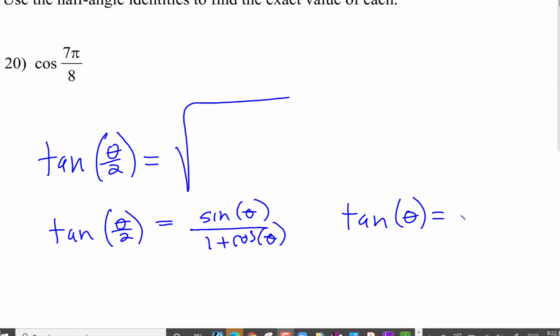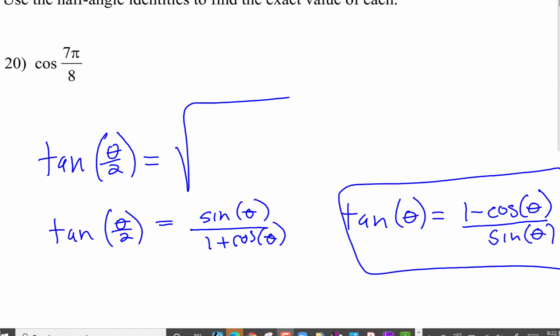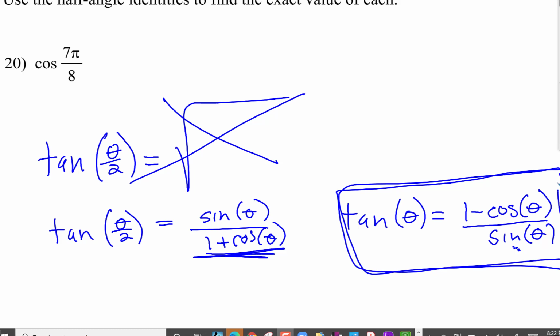Tangent theta over 2 is equal to 1 subtract cosine theta all over sine theta. I believe this is the easiest one to use. You don't have to worry about the square root, and you don't have to worry about multiplying by the conjugate because there's only one term in the denominator. So if you have a half-angle trig, you might want to consider using this version. All right, that's it for this one.